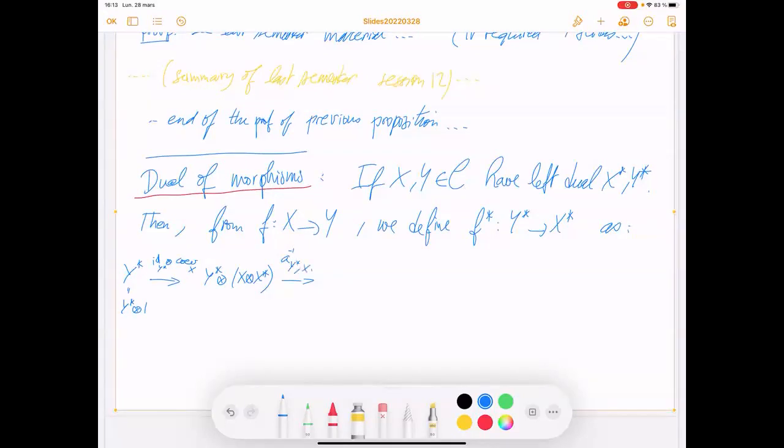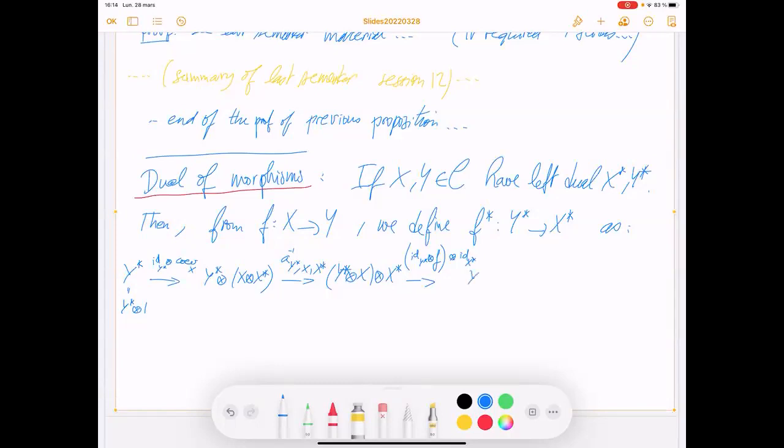So Y star tensor X tensor X star, you move the parenthesis, and then on the first component, you apply identity of Y star tensor f, and the identity of X star for the second component of the tensor product.